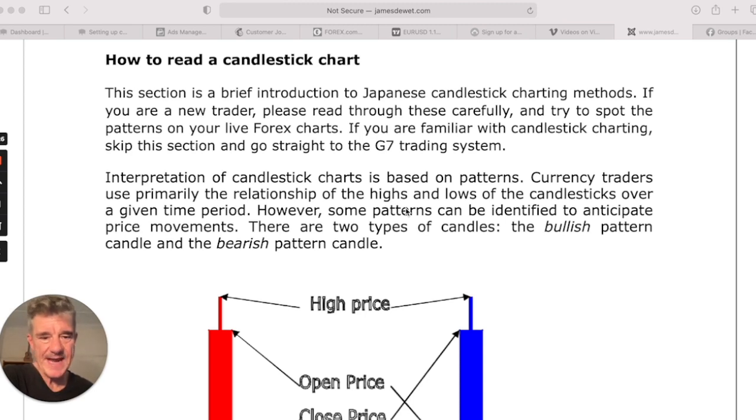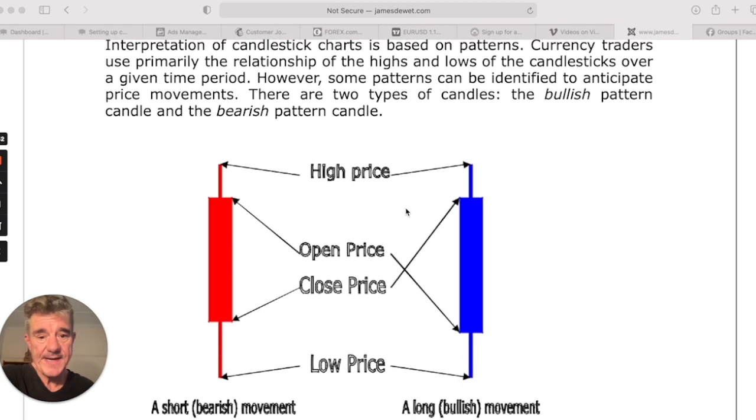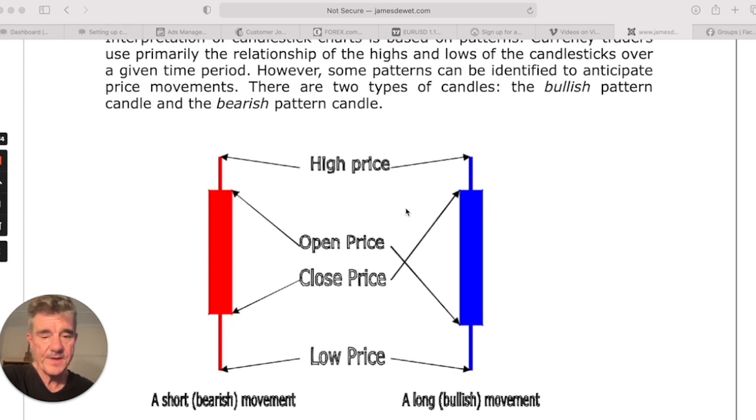There are two types of candles, the bullish pattern candle and the bearish pattern candle. And we've had a look at this already on the live charts that we did in the last lesson. As I explained there, and as I will again now, this is really what a candle looks like. It's called a candle because it looks like the body of a candle plus a wick.